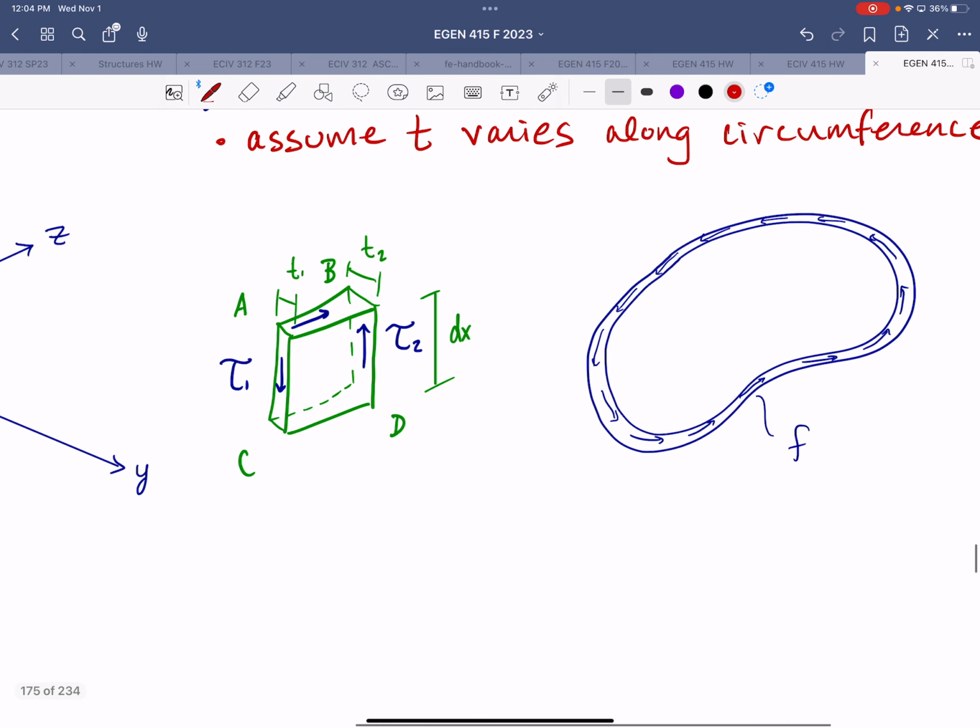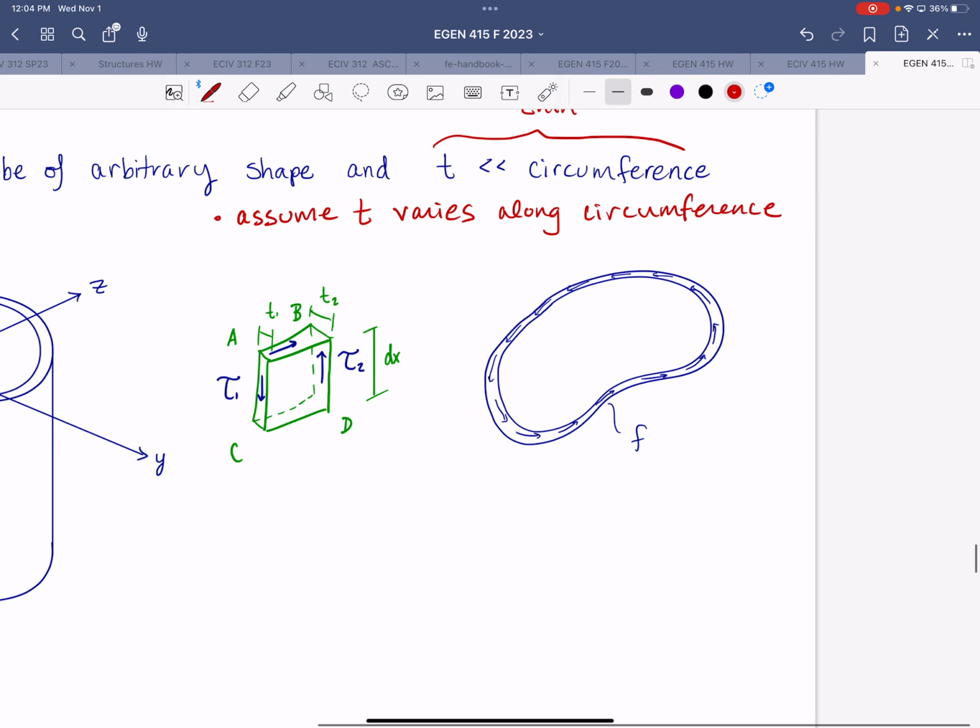So let's sum forces in that x direction on A, B, C, D.